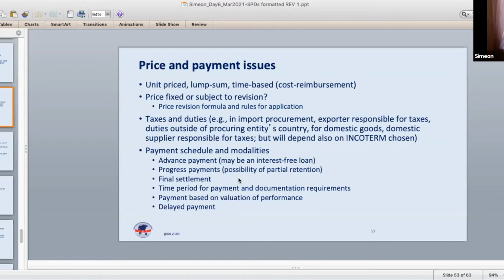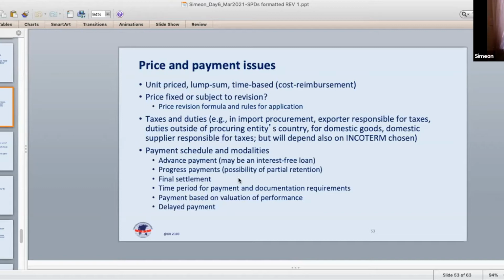And then the last point here and subpoints list various other payment schedule and payment modality issues, for example, advance payment, progress payment, final settlement, the documentation requirements to be included with the invoice, and the issue of delayed payment and the sanctions for delayed payment.